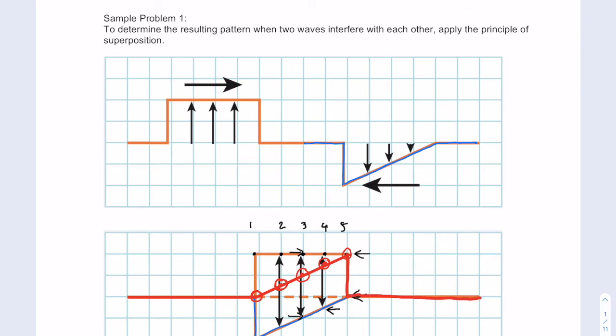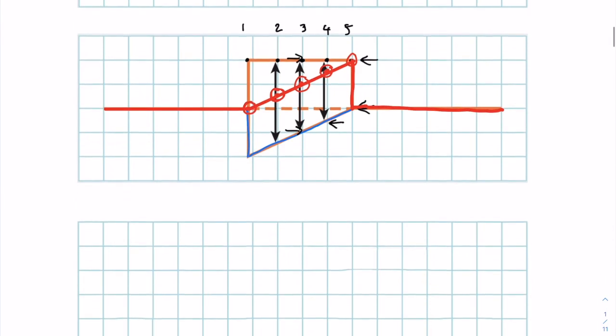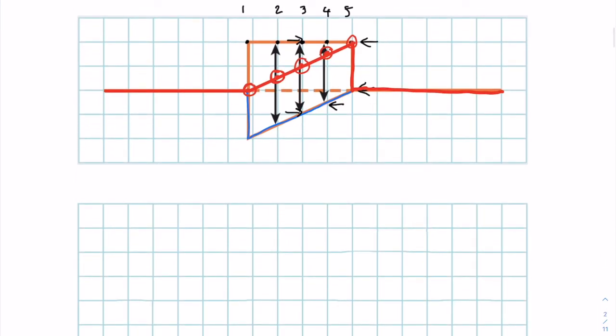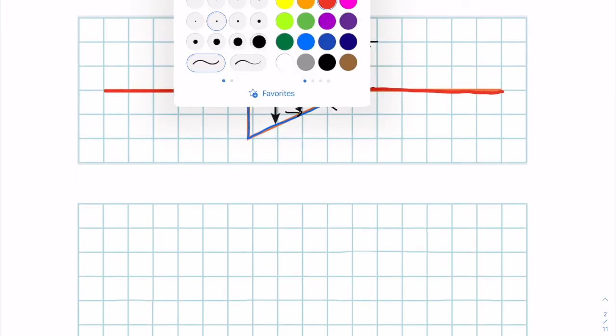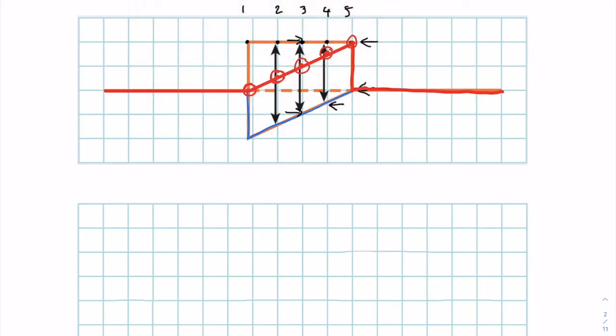Okay, I want you to try 2 examples. I've left you some graph paper below. I want you to see what the interference pattern will be when a crest that looks like this overlaps a trough that looks like this. Let me make this a little bit more clear.